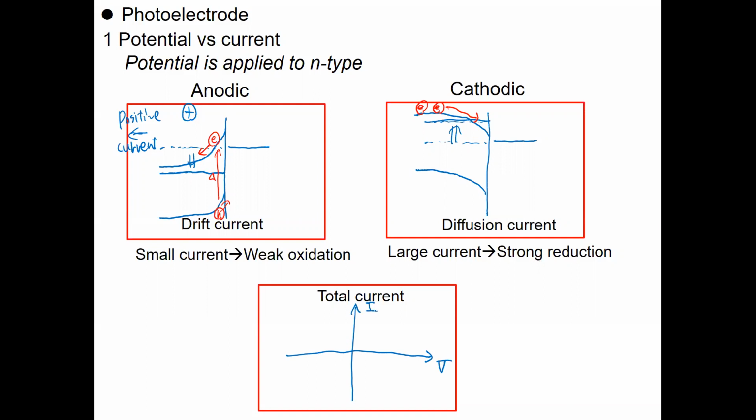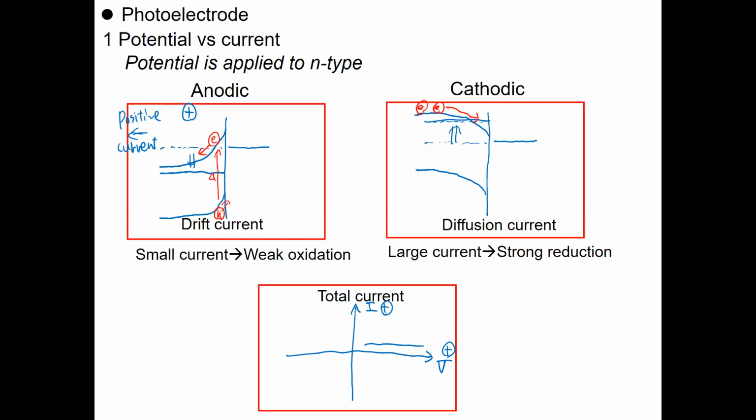So when the anodic potential, meaning positive potential, is applied, the electron is moving toward going outside, but this is a small current due to the thermal excitation. And since this is a drift current, it's almost constant, right? Like this.